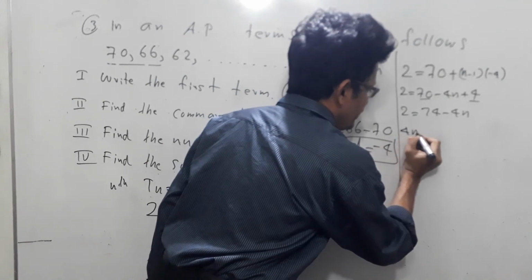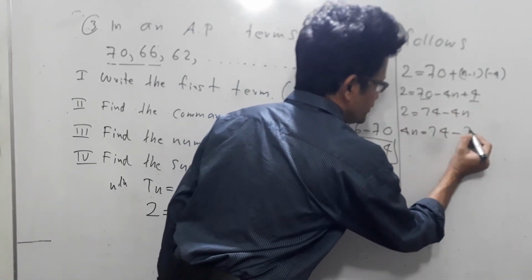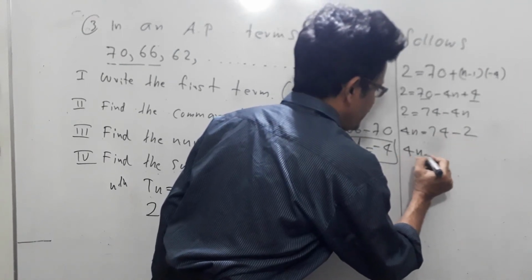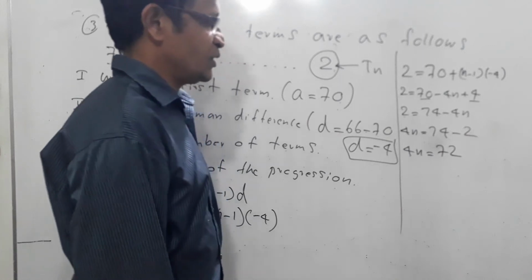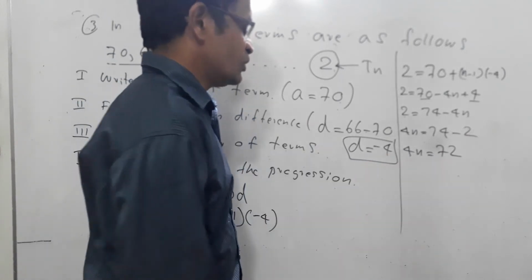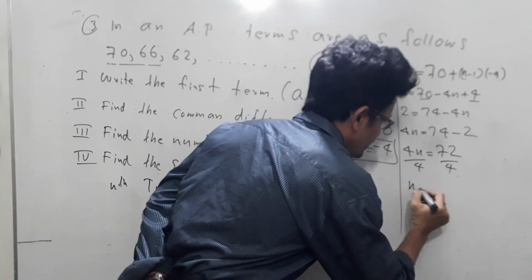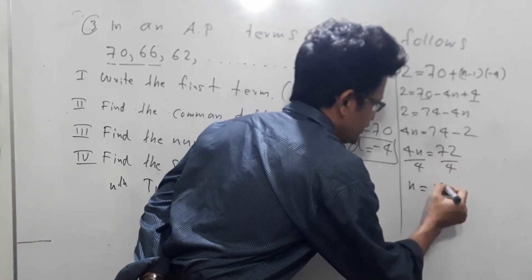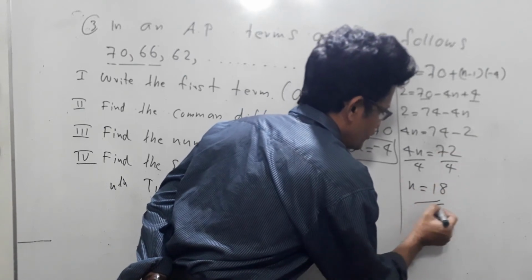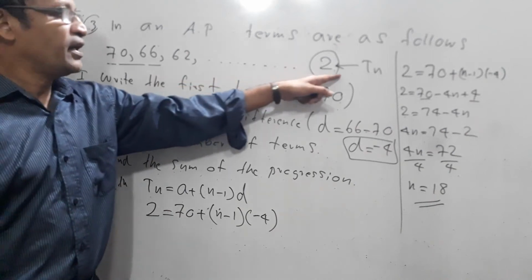Then 4n equal 74, this 2 I can take other side minus 2. So 4n equals 72. Clear? 4n equals 72. So I can divide both sides by 4. Then n equal what? Here 72 divided by 4. Here 1, then 3, that means 8. N equal 18. That means from here to here there are 18 terms.